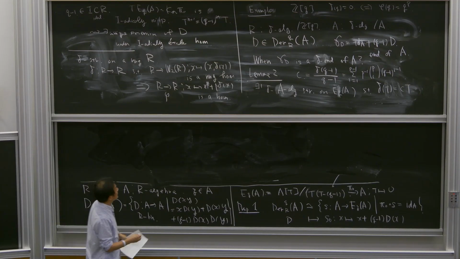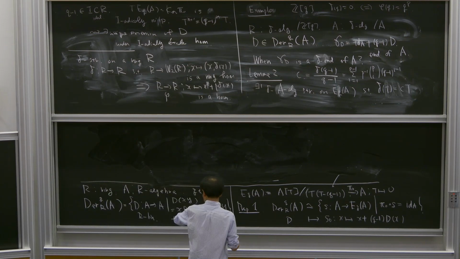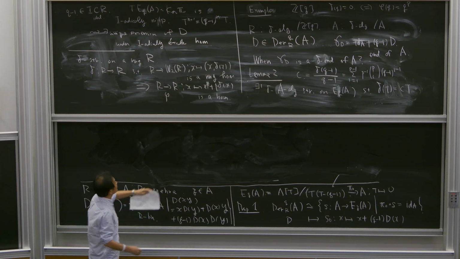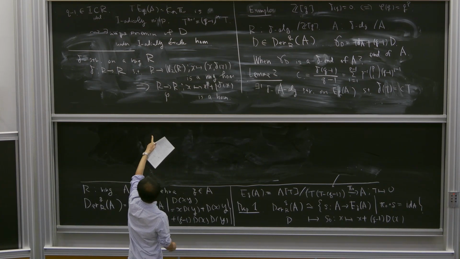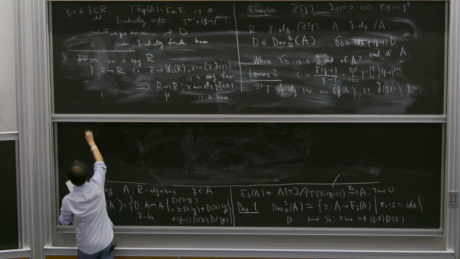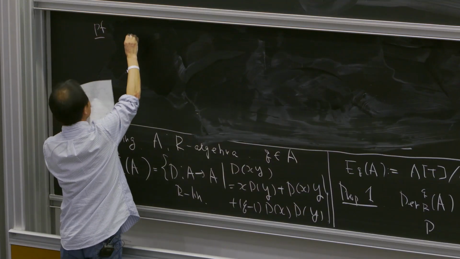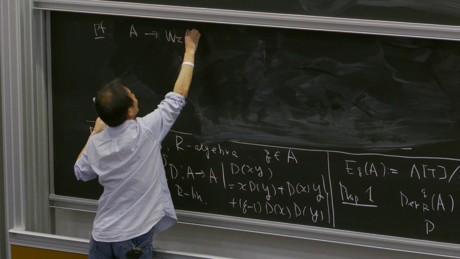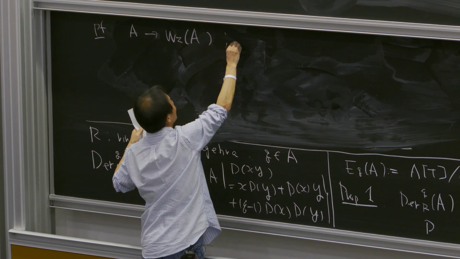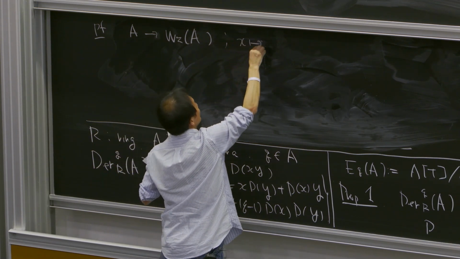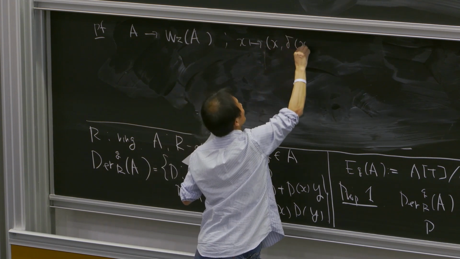So the proof is actually not very difficult, but maybe using the interpretation of the map from R to W_2 of R. We have a map defined by the given delta structure on A, which sends x to (x, delta x).